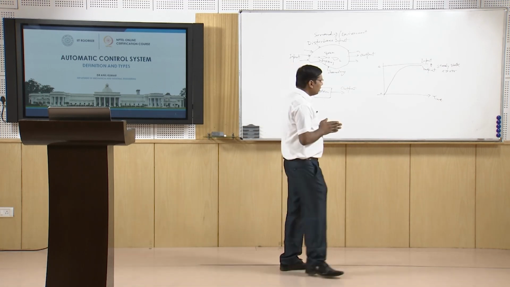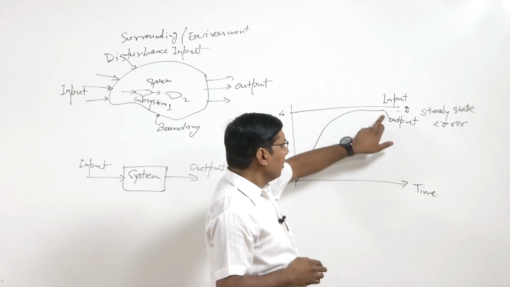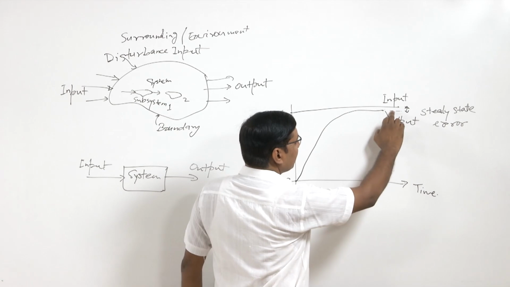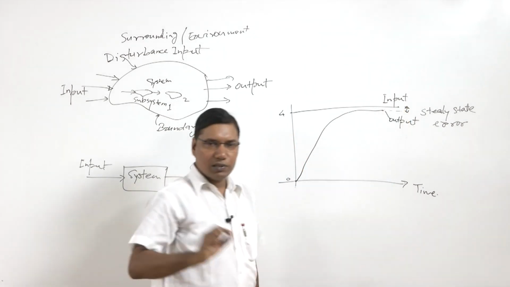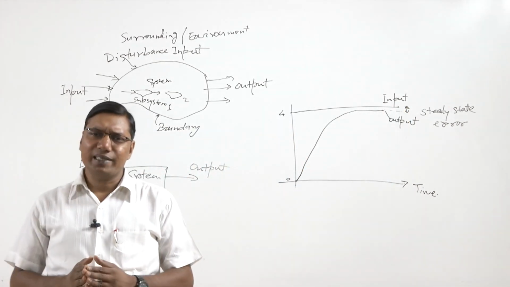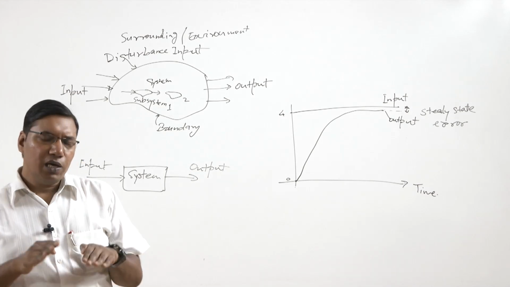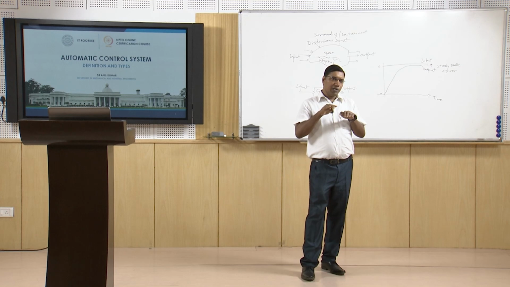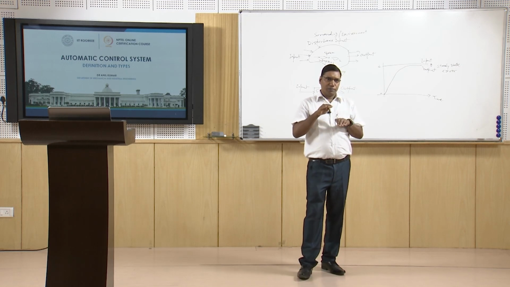Now what about this steady state? We see that we desired the fourth floor, but it is not reaching, it is a little bit lower than that floor. It means the lift is not leveled to the floor, it is a little lower.